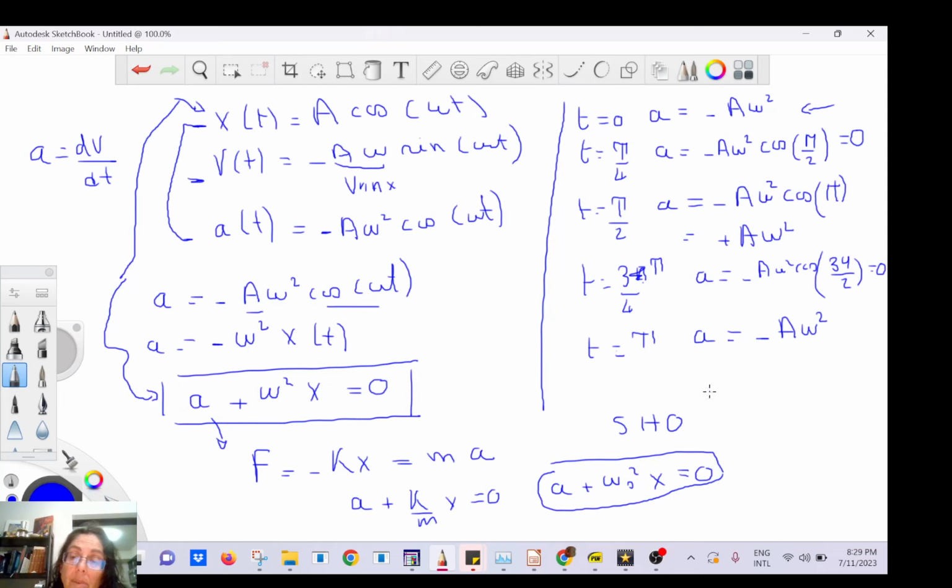So each time, even in math, even if you are not doing physics, each time you have a differential equation with acceleration plus something times x equals 0, you know that the solution could be a cosine omega t plus phi.